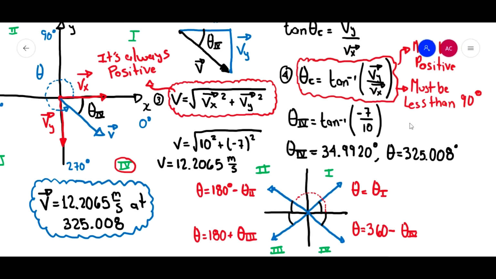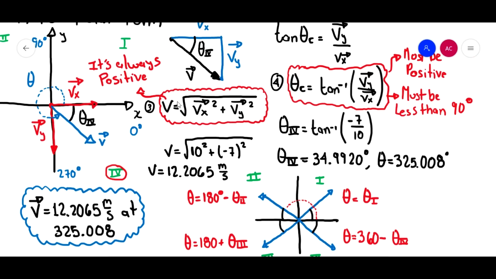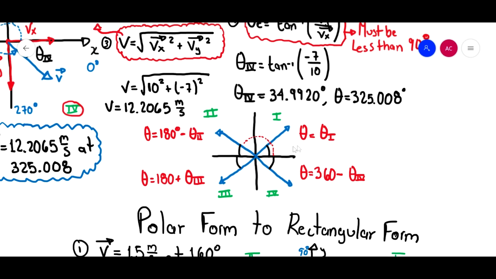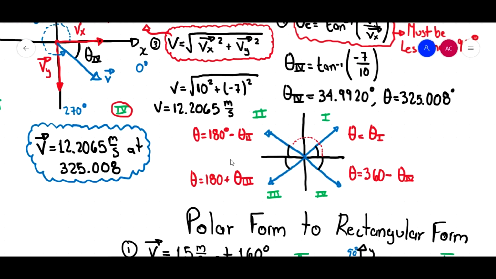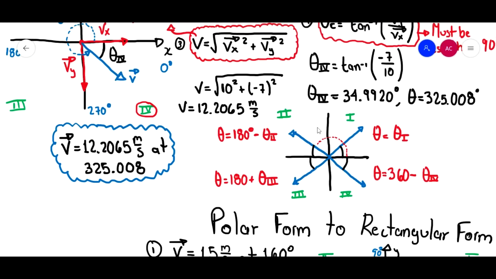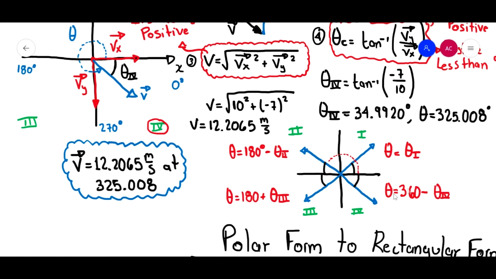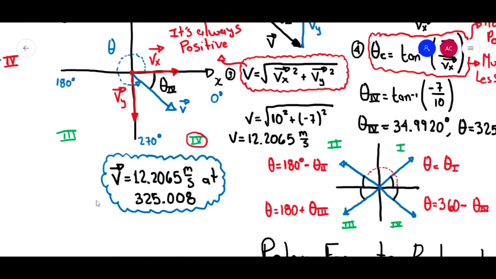Very important, we use this formula here, and depending on the quadrant, we need to find the total angle. In this case, the vector is in the fourth quadrant, so that's why we use this formula over here. Got it?